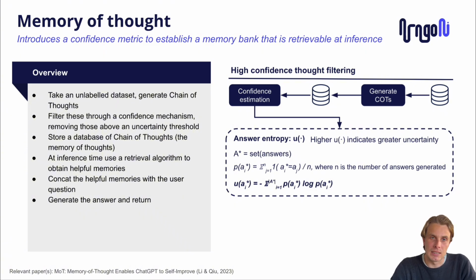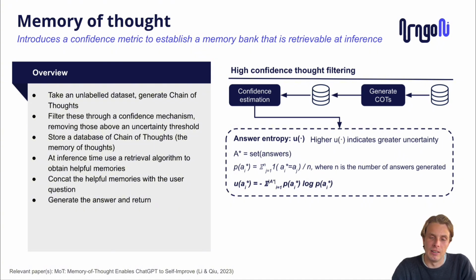So if we define A star as the set of all of our possible answers, so now this includes our unique answers, and if we have the lowercase a as being a specific answer, we can calculate the probability for it by doing a sum of effectively the number of cases where this lowercase answer is generated in this set, or from the set of all answers.